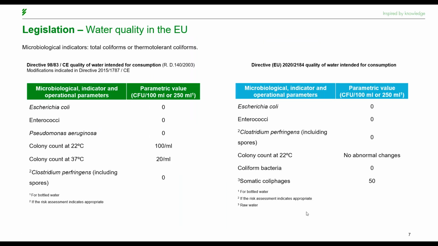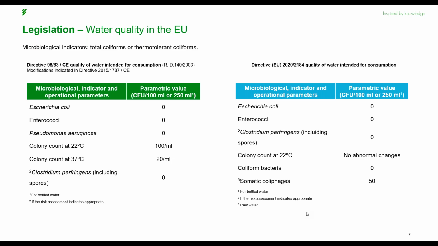And since there is a wide variety of organisms that can contaminate drinking water, testing for all these types of pathogens is neither feasible nor realistic. Therefore, monitoring has been carried out using certain microbial indicators to ensure that the quality of these waters is safe.